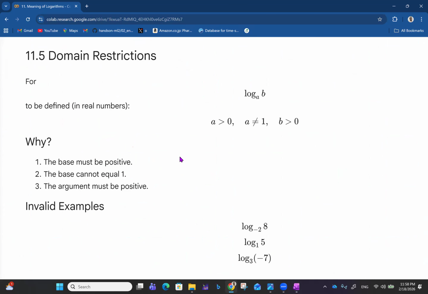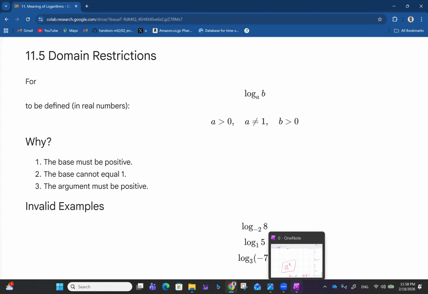So that also transfers to the idea of logarithms. So for log b base a to be defined in real values, first of all, same two conditions like before. a must be positive, then a must be not equal to 1, and then in addition, the value has got to be greater than 0.